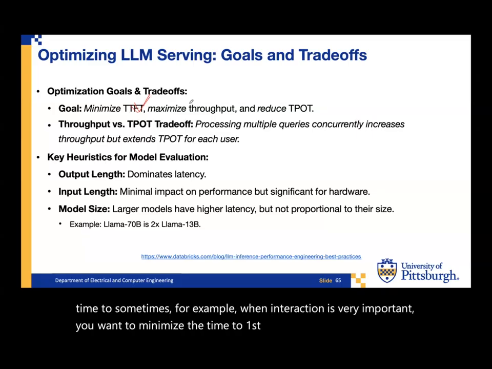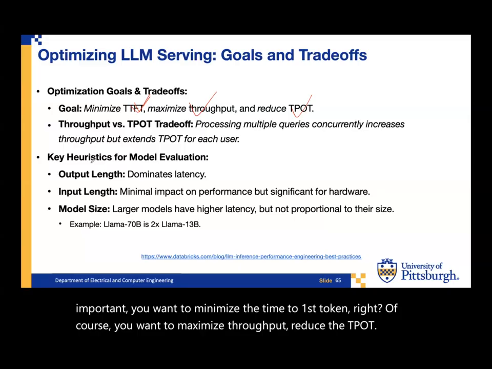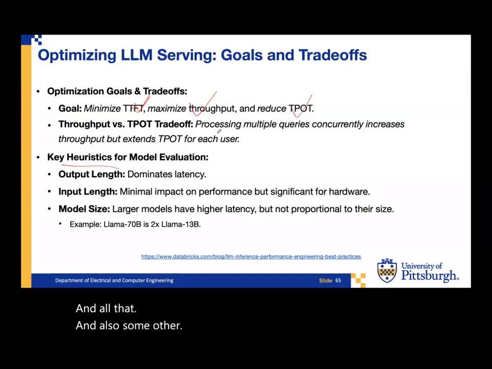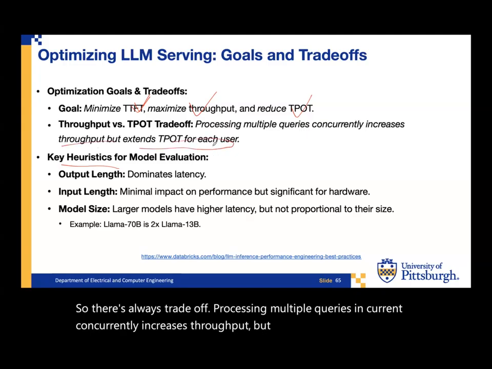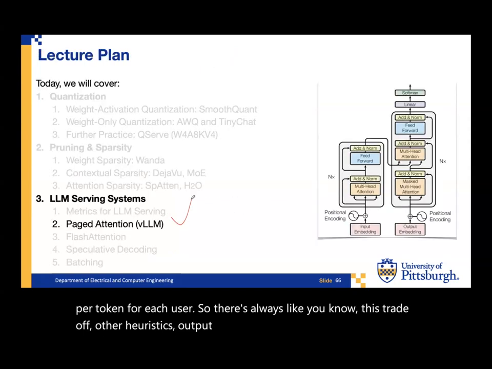Of course, you want to maximize throughput, reduce the TPOT, and all that. So there's always a trade-off. Processing multiple queries concurrently increases throughput, but extends the time per token for each user. Other heuristics are output length, input length, and model size.